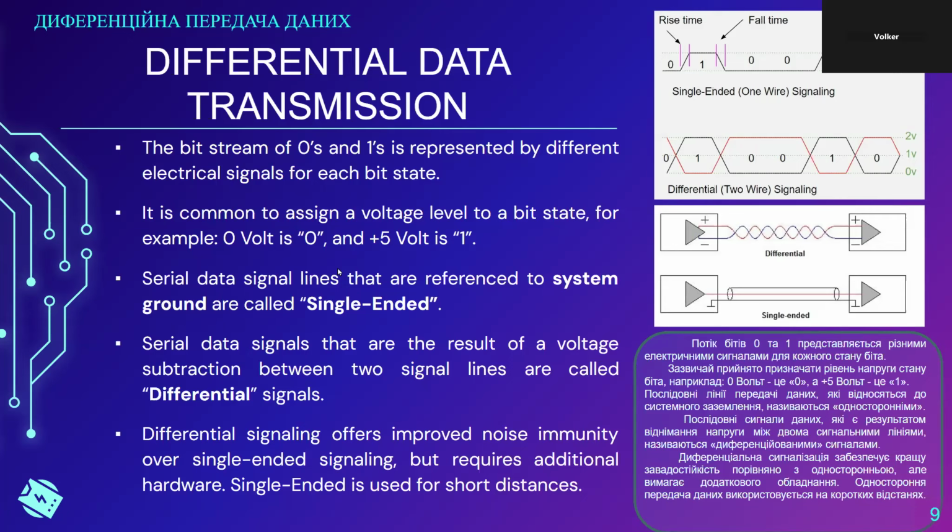Serial data signals that are the result of a voltage subtraction between two signal lines are called differential signals. I'm reading the next item here. Differential signaling offers improved noise immunity over single-ended signaling, but requires additional hardware. Single-ended is used for short distances.